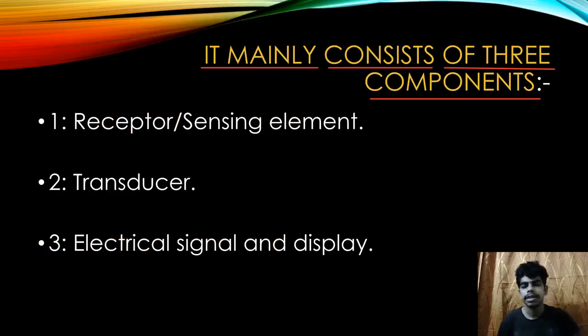So it mainly consists of three components. One is the receptor or sensing element. Second one is the transducer. Third one is the electric signal and display. So here I'm going to show the diagram of it.